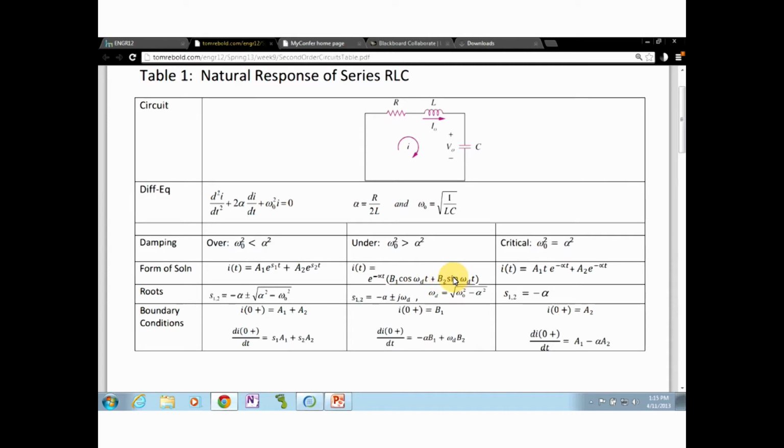Now, at 0, the sines go to 0, and the exponential goes to 1. So at 0, the derivative of this expression reduces to just minus alpha B1 plus omega d B2, because the exponential went to 1, the sine went to 0, and that's all you had left. That's where that comes from.